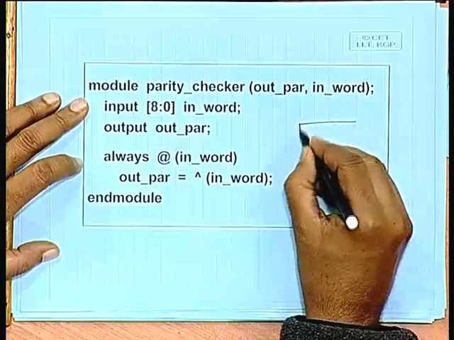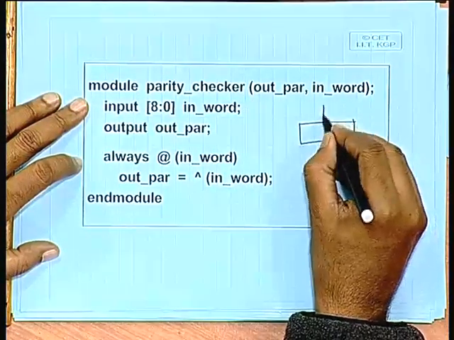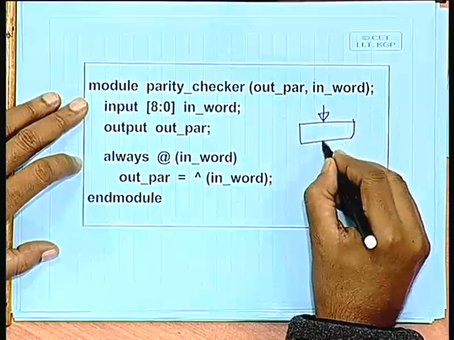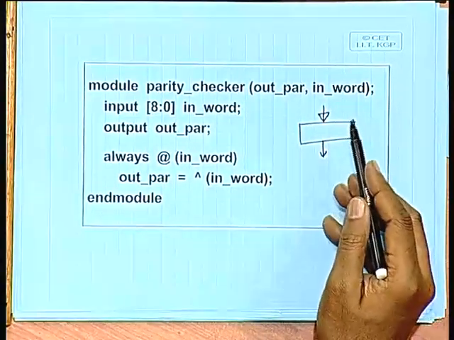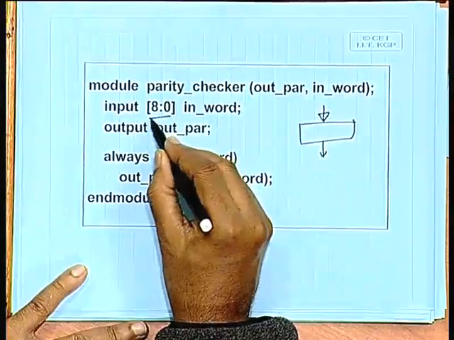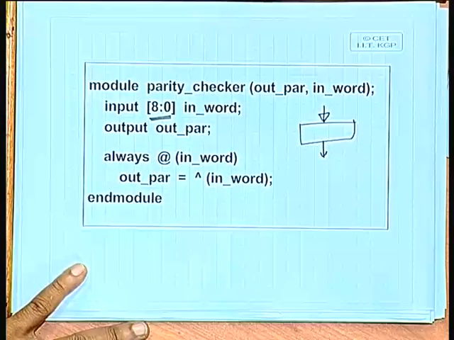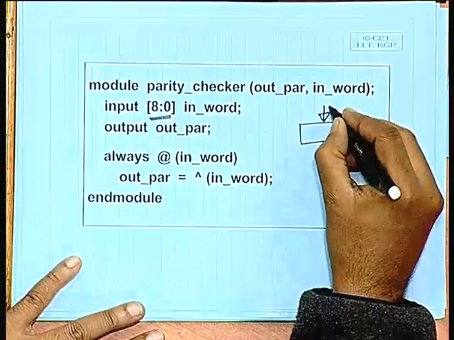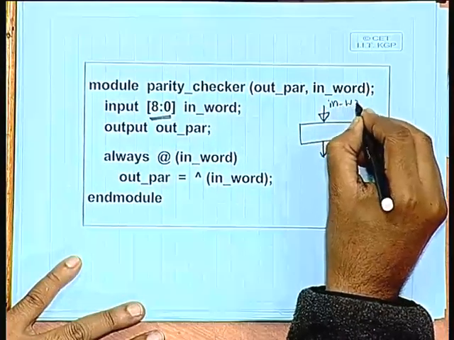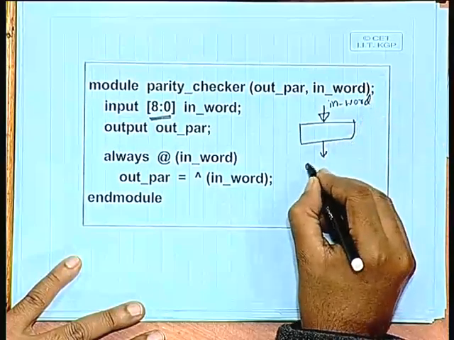So, the input will be a vector and the output will be a single bit, and the input to that circuit is the concatenation of the sum and the carry, so it will be a 9-bit quantity. So, here this will be a 9-bit quantity, and the output will be the output. This is the input and this is the output parity.